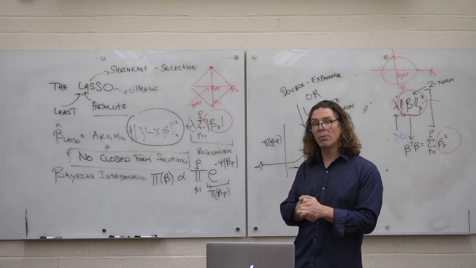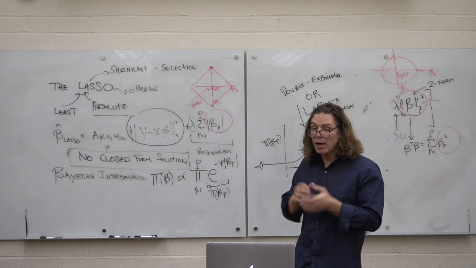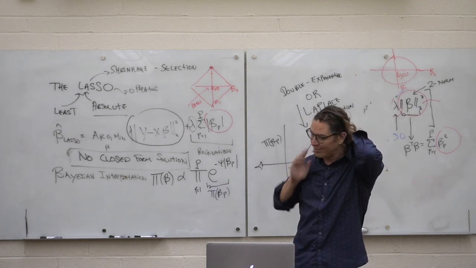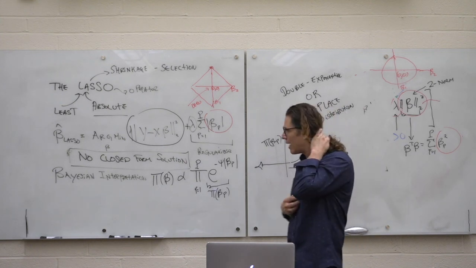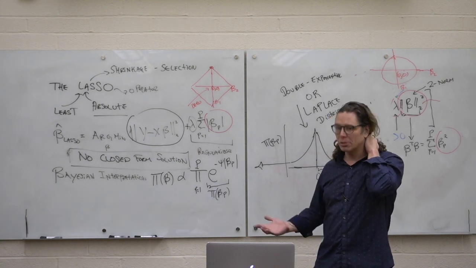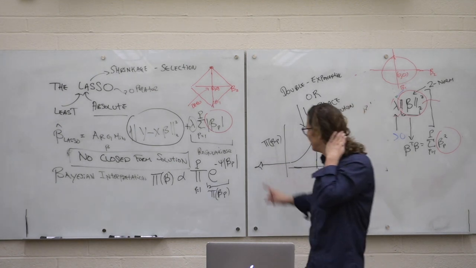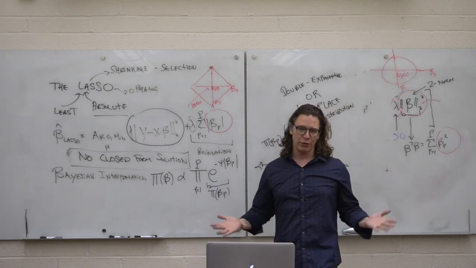So the homework problem is to do a lot of comparisons. If you've got other model selection techniques, stepwise regression, let's say, everybody as an undergrad seems to have learned that thing, you can do that as well. So I want you to compare several techniques. This one, SSVS, and any of your favorites.